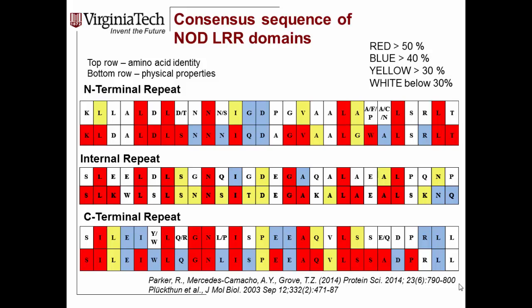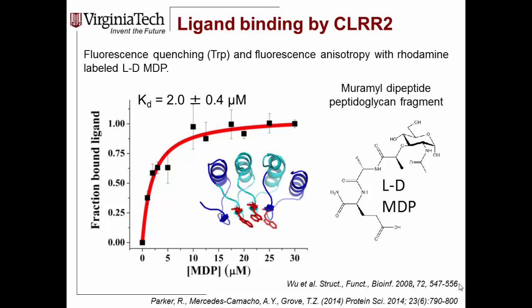Two conclusions that we can make are that the N-terminal repeat and C-terminal repeat have overall higher conservation than the internal repeat, but also that the physical properties in all 3 kinds of repeats are much more conserved than the actual amino acid identity. With that in mind, we made the protein that we termed CLRR2, where C stands for consensus, in which we have 1 N-terminal repeat, then 2 internal repeats, and then a C-terminal repeat.